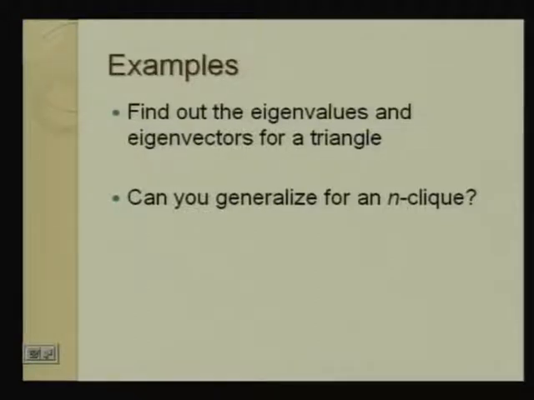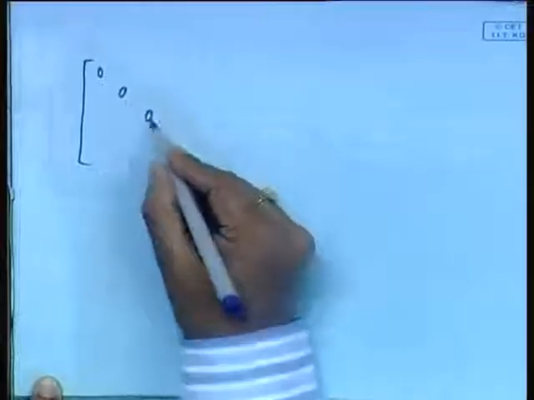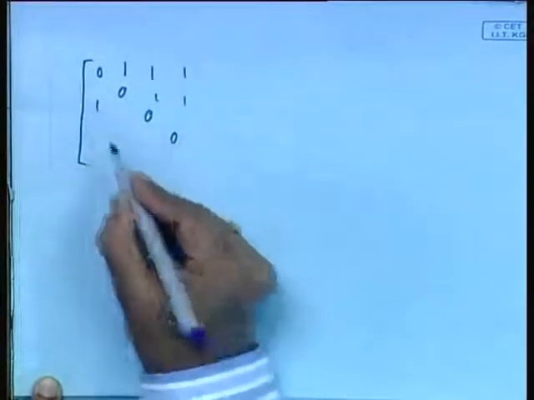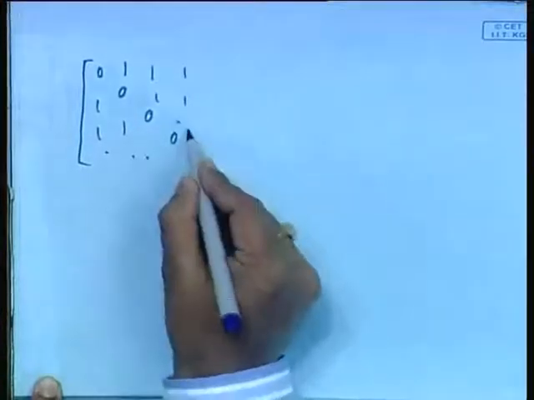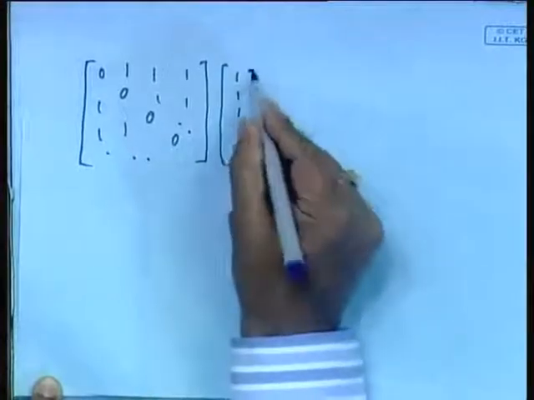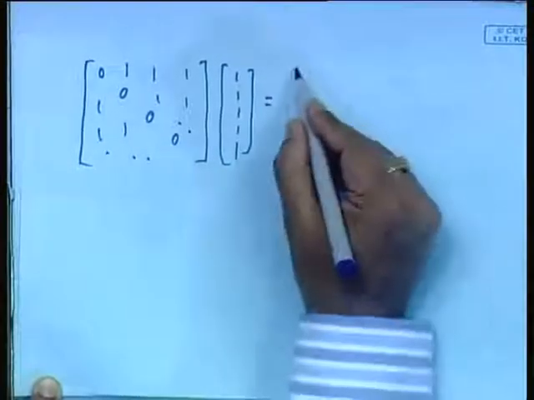You have the eigenvector is 1 n times, right. So, the clique is like all zeros in the diagonal and rest are all ones. Okay. Rest are all 1. So, if you multiply it by the all 1 vector, what do you get?